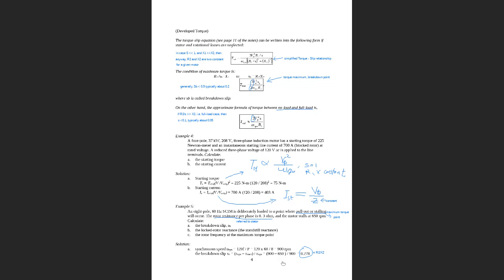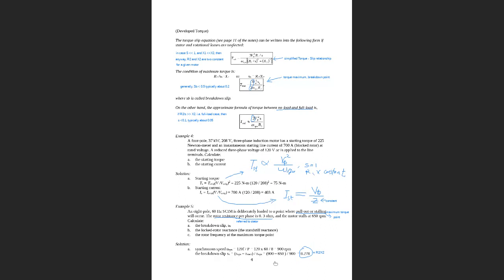So now R2 is given, so X2 can be easily found out. You get the breakdown slip, and then you can go to X2.